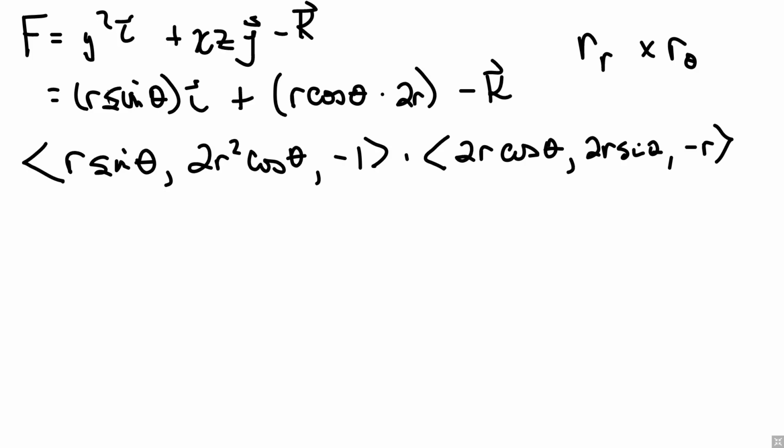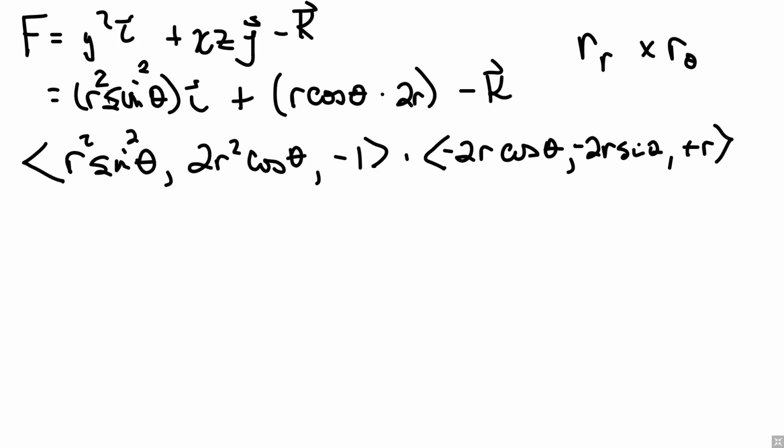Oh, thank you. Yeah, that makes sense. And also, how did you get those signs the other way, the opposite way? Like you got negative 2r cosine theta in the previous cross product.